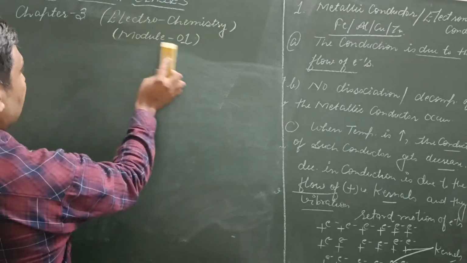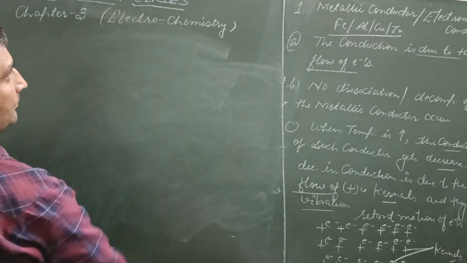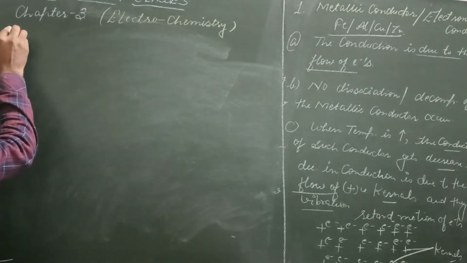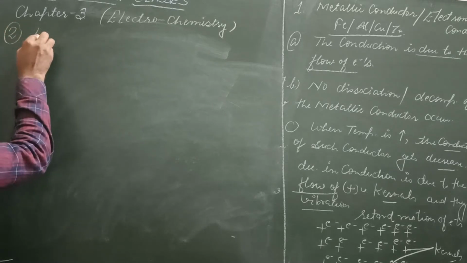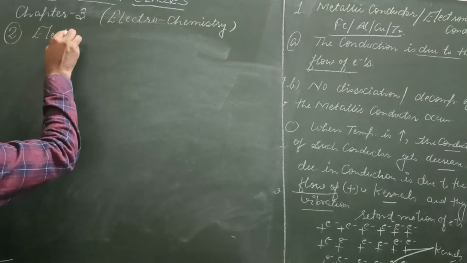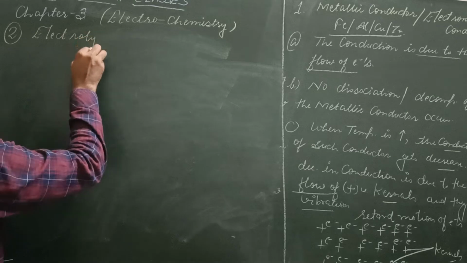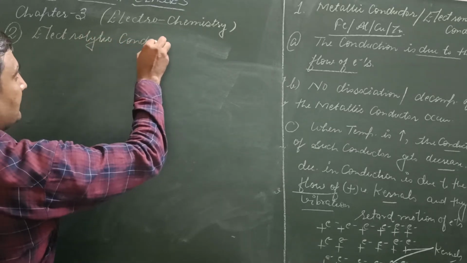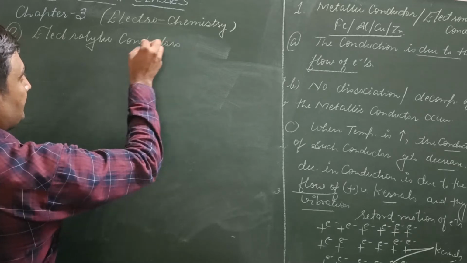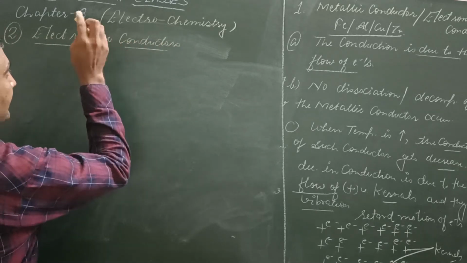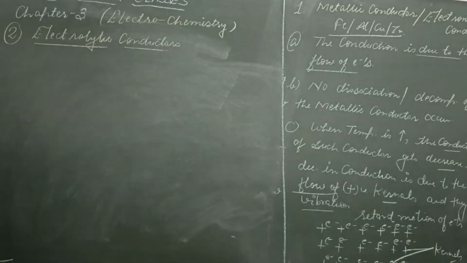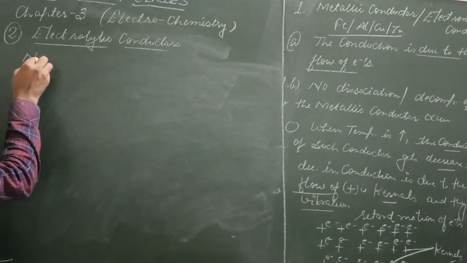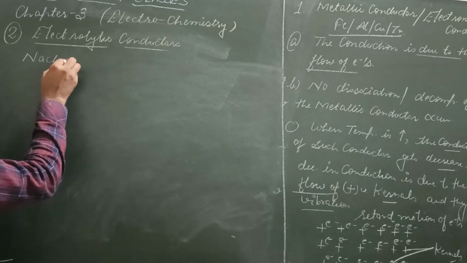Let's shift to the next type of conductors, and they are called electrolytic conductors. Electrolytic conductors are those conductors which have electrolytes, for example NaCl.